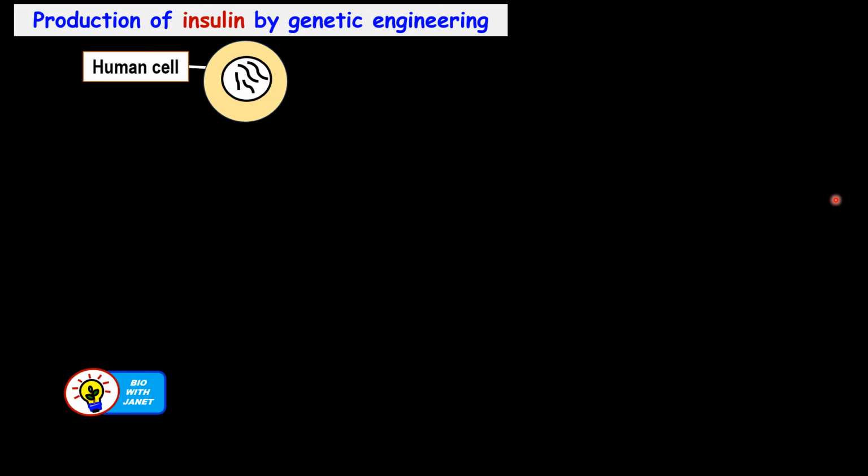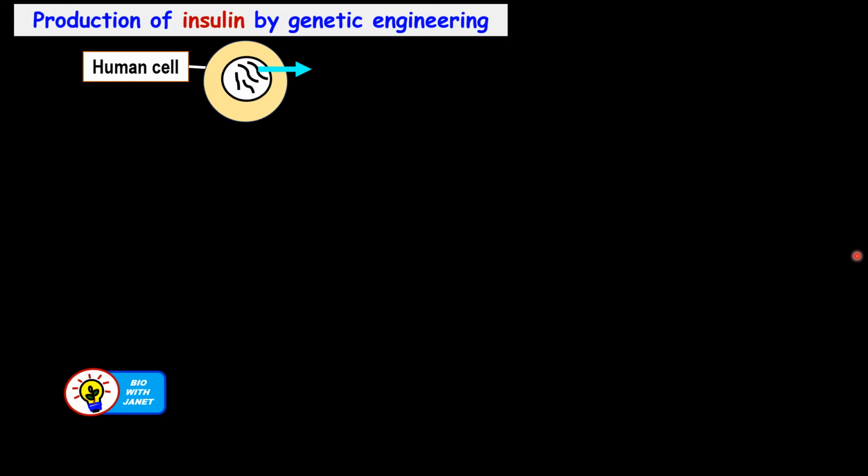Let's discuss the production of insulin by genetic engineering. Firstly, we need the cell that is going to donate the gene of interest. Okay, so the donor cell is the human cell, and in the nucleus there are many chromosomes.